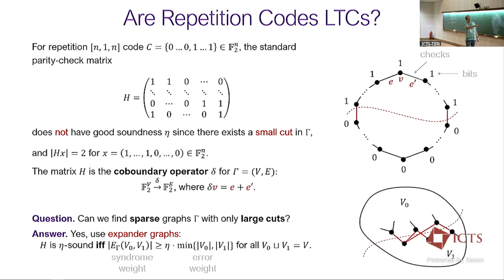We can use this expander graph, and it gives us a new parity check matrix, a coboundary operator that has this local testability property, which suggests that maybe there is some connection between expansion and local testability. And in fact, of course, you know the answer, that there is such a connection.